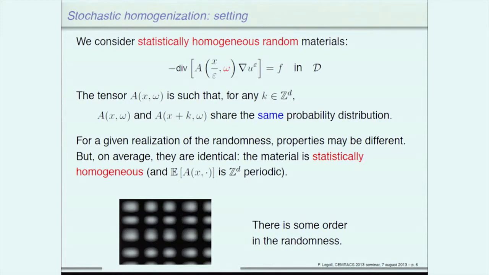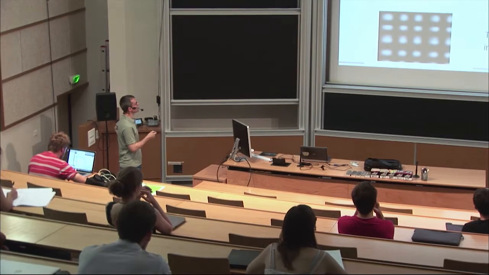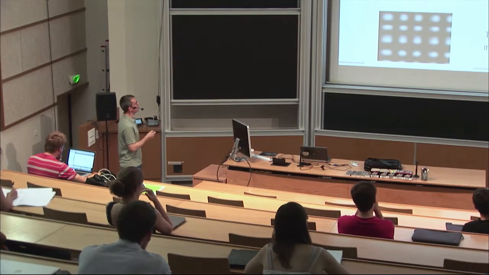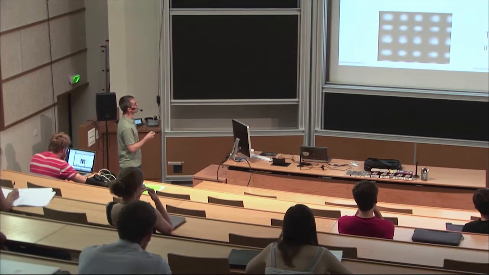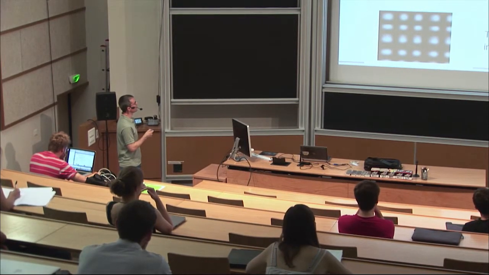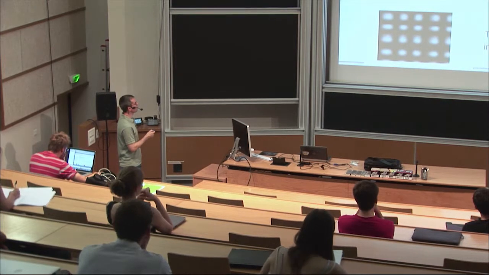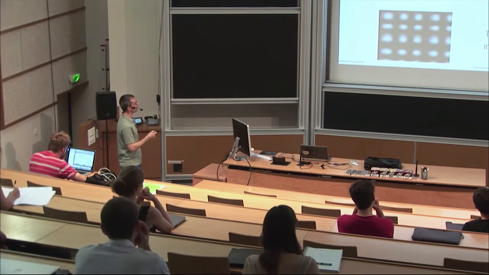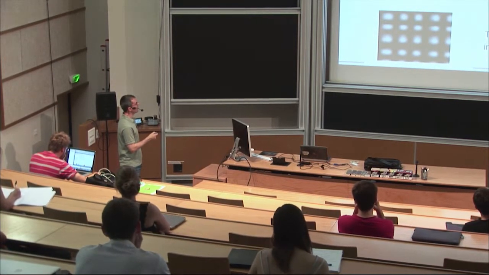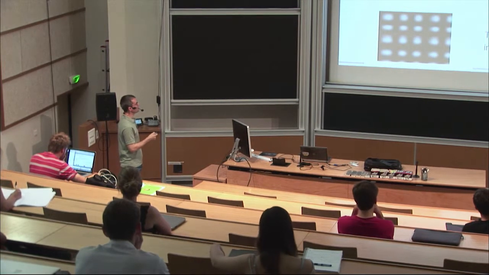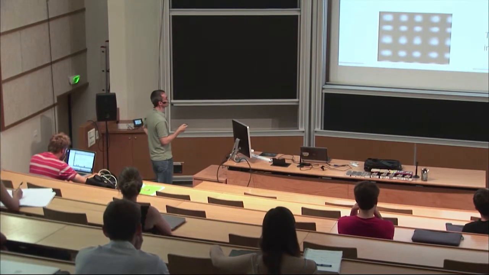So you need somewhere to average. So you need to have some averaging property, and I'm going to consider properties A, which are random, but such that there is some order in the randomness, which is the usual assumption. Essentially, if I want to express this in words, it means that the property at one given point of the material and the property at a cell nearby, so if I shift by an integer k, they have the same probability distribution.